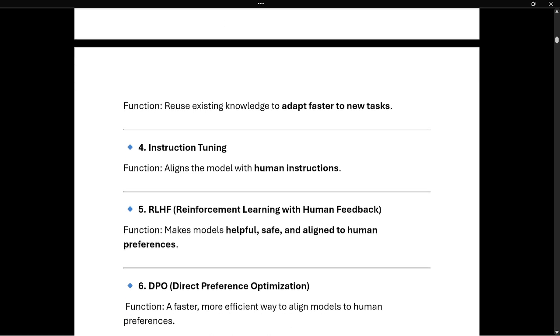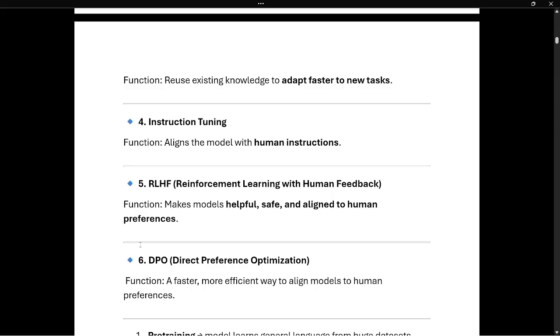Then the next concept is RLHF, reinforcement learning from human feedback. Why is this important? Even after instruction tuning, the model can be too short or sometimes unsafe. So what is the RLHF process here? We collect multiple outputs from the model for a prompt, and humans rank them as good or bad.